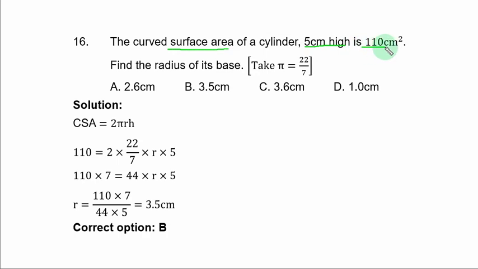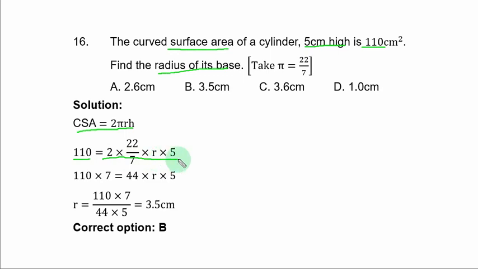Question 16. The curved surface area of a cylinder 5 cm high is 110 square centimeters. Find the radius of its base. Take pi as 22/7. Curved surface area of a cylinder is 2 pi r h. The area is 110 equal to 2 times pi times r unknown times 5.